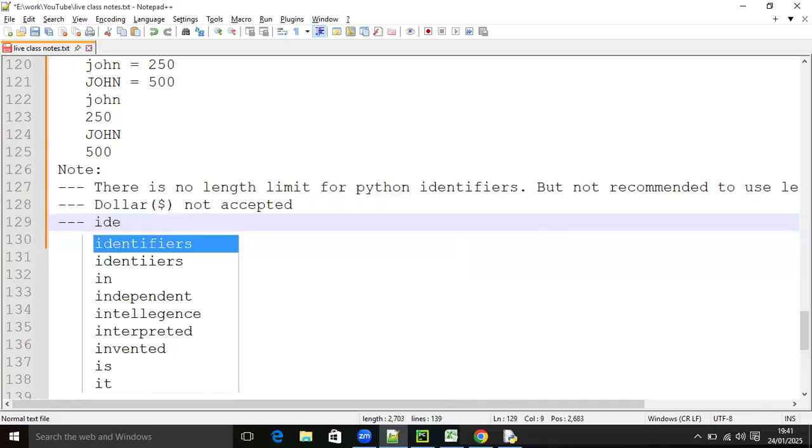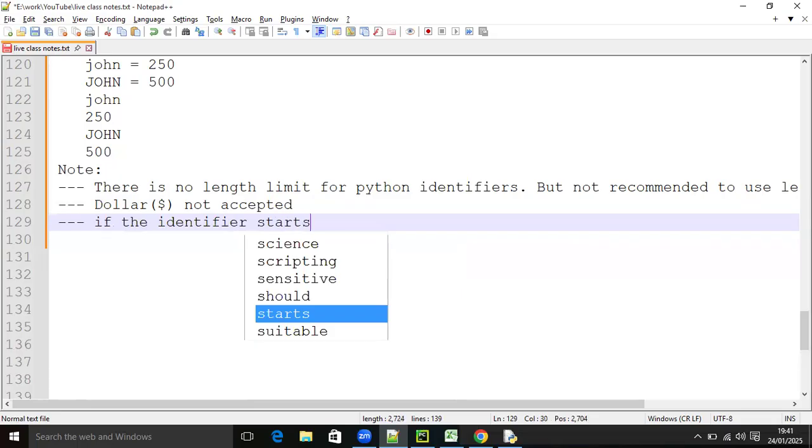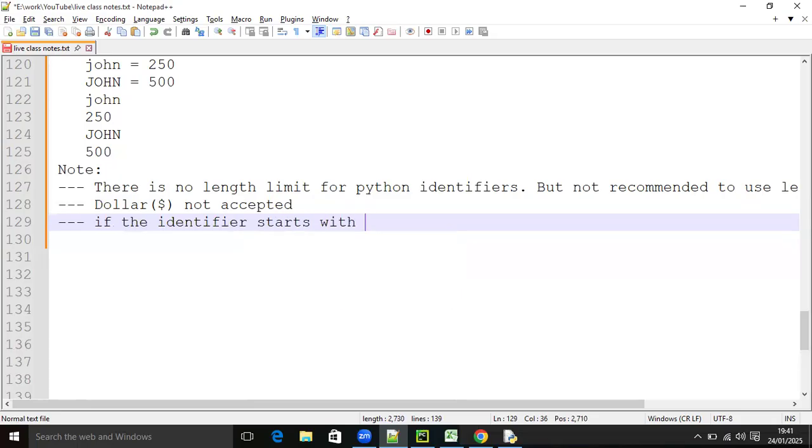If the identifier starts with underscore, it indicates that it is protected.